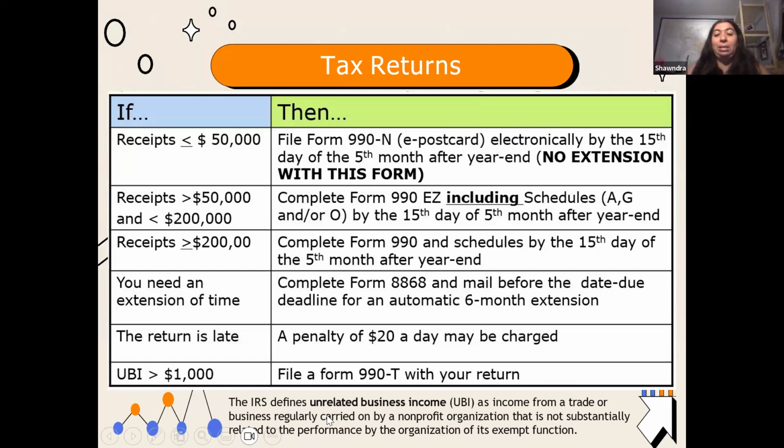Just know that the IRS defines unrelated business income as income from a trade or business regularly carried on by a nonprofit organization. That's not something I've ever had to deal with. I'm not sure if anybody on here has, but typically it's going to be the postcard, the 990 EZ, or for a very small handful of our PTAs, it could be the Form 990.